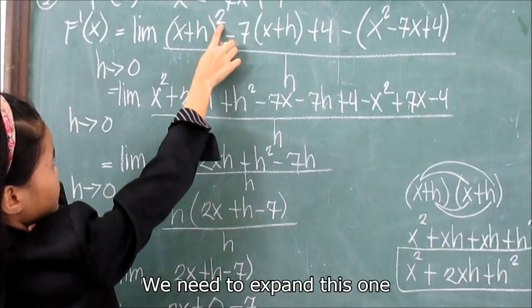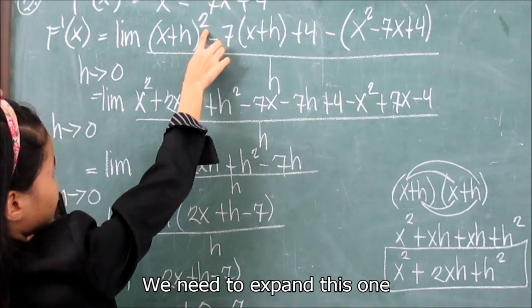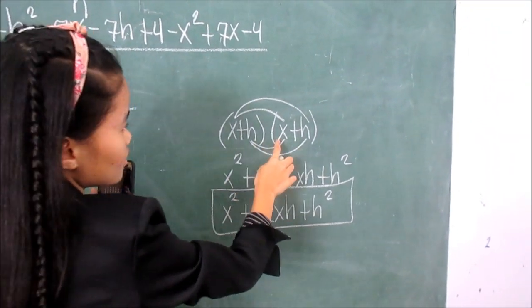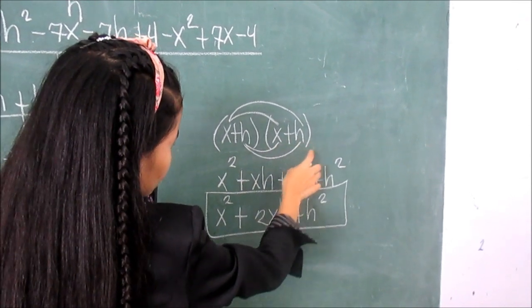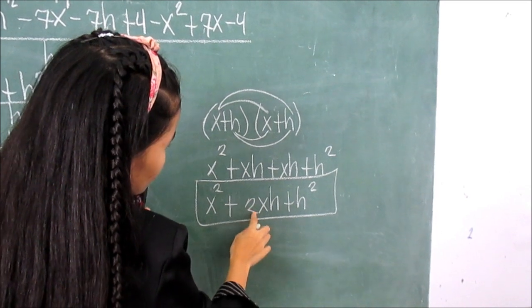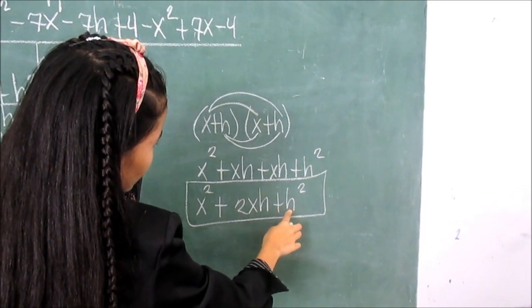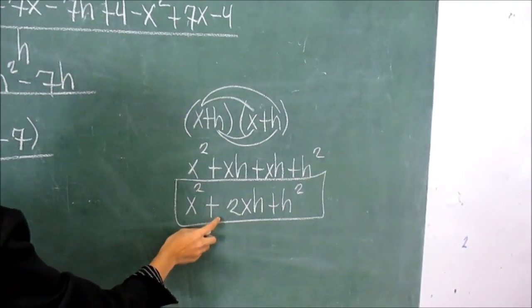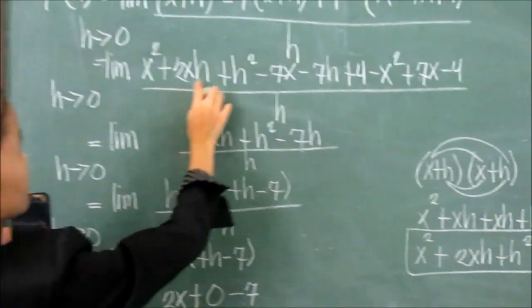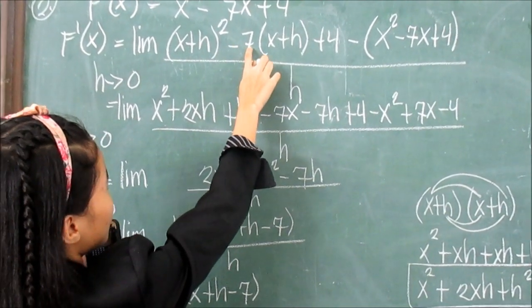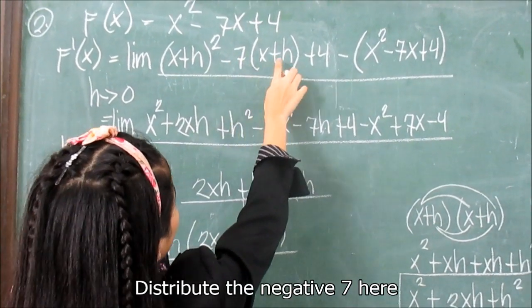We need to expand this one since there is a square here. So x plus h times x plus h is equal to x squared plus 2xh plus h squared. So this answer we need to put here and copy the negative 7. Distribute the negative 7 here.